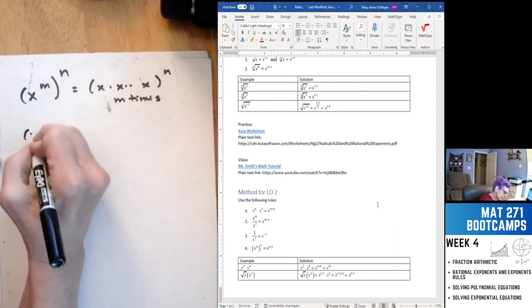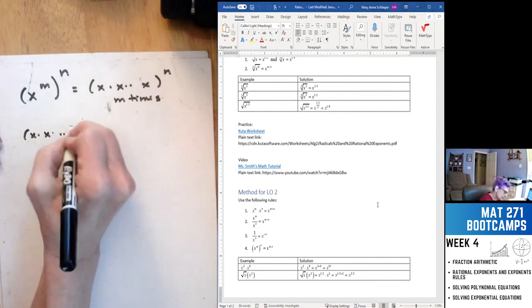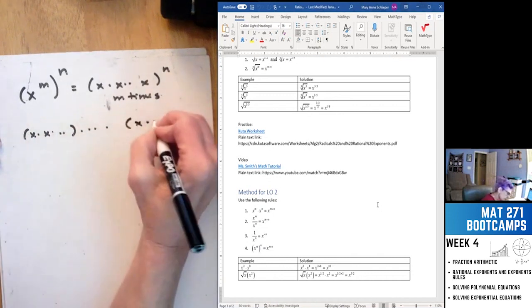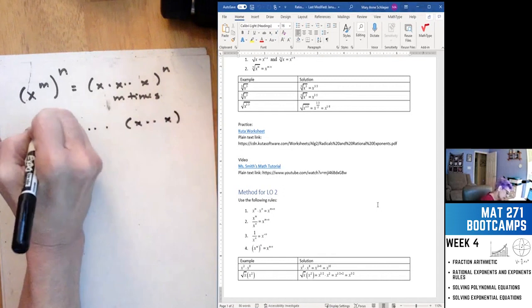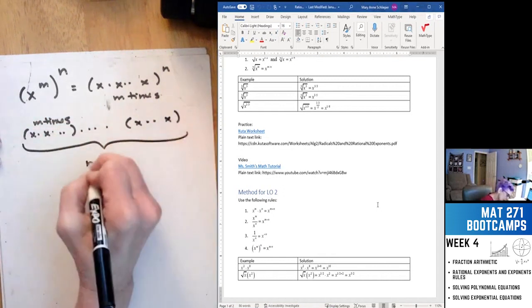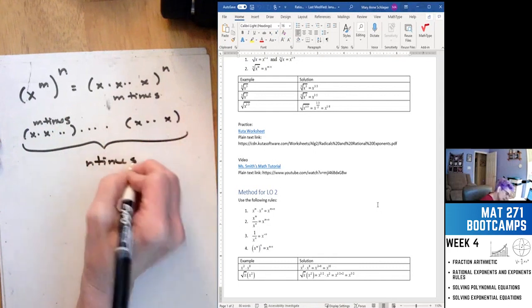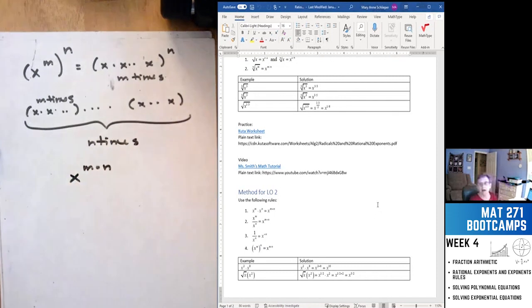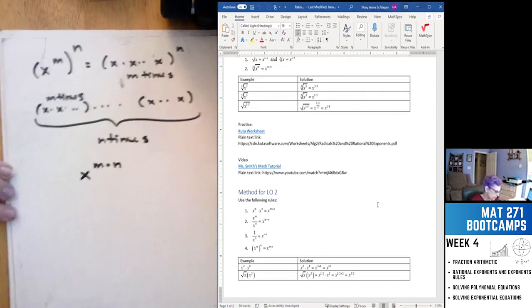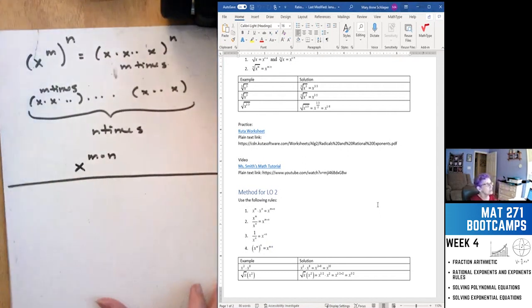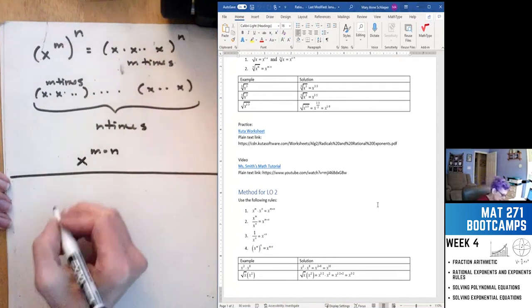So that means I have x times x, x times x. So this is m times, and I write it down n times. I end up with x to the m times n power. So those are the rules of exponents. They're true for fraction exponents and whole number exponents.